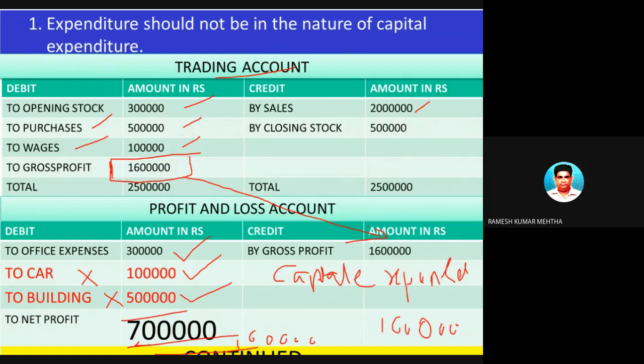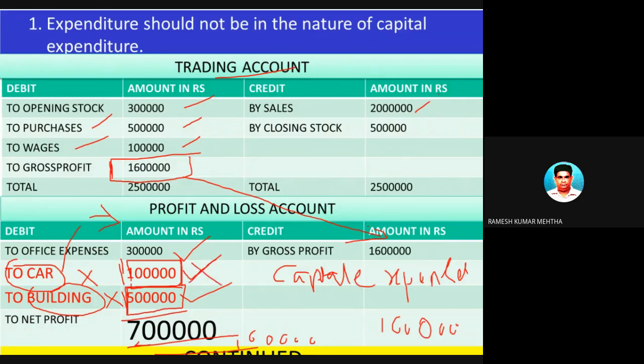But these items are in the nature of capital expenditure. They are shown in the balance sheet and they are depreciated or amortized. So this is not allowed to be shown on the debit side of a profit and loss account, and can't be shown as an expenditure.